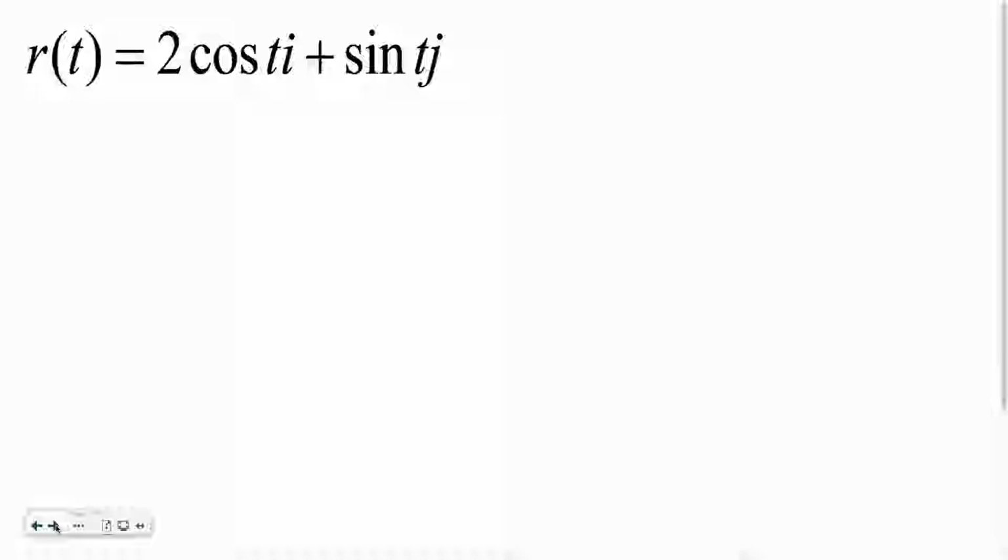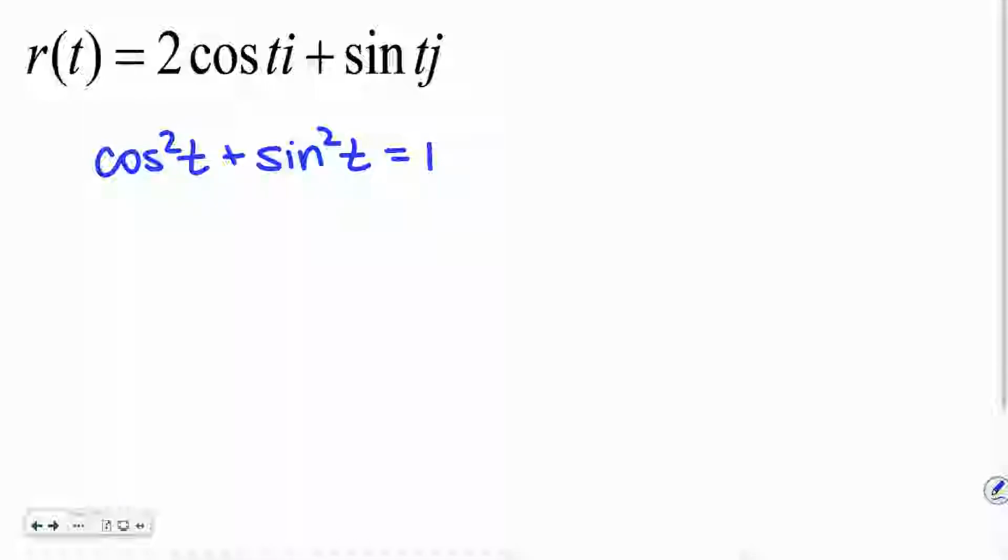So when we had our parametric equation section, what was my advice to you if we had sines and cosines? Use a trig identity. So we know that cosine squared plus sine squared equals 1.